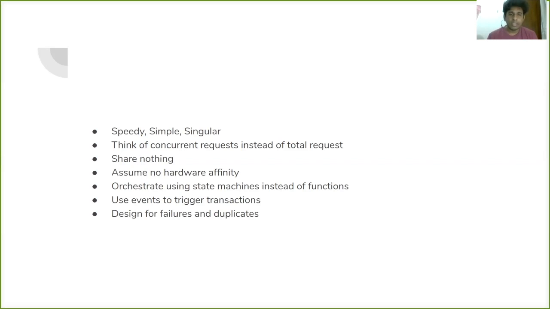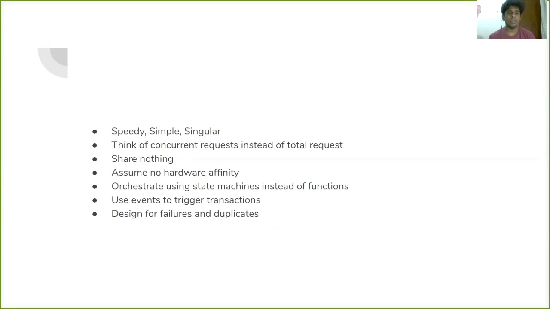And in the Lambda model, we think about the concurrent requests instead of the total requests. So we have to think about the concurrency and how many requests we are going to serve. And again, in the Lambda model, it's advised to share nothing and be stateless.